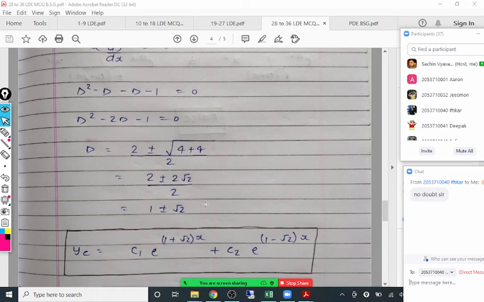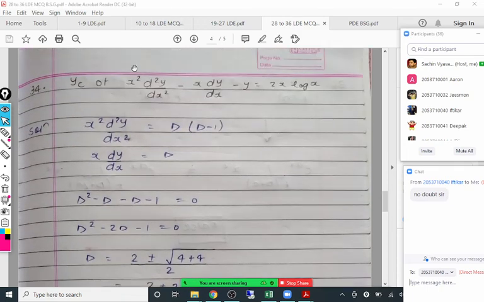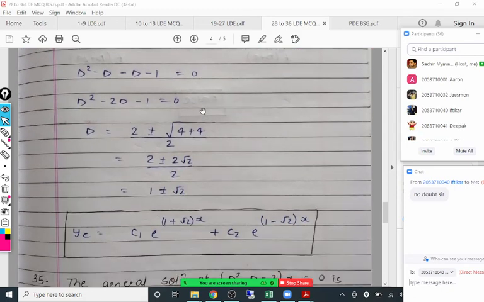Quick, quick. Am I audible? Is the answer written by him correct or not? Yes, sir. That's correct. How is it correct? You will see these are the roots.